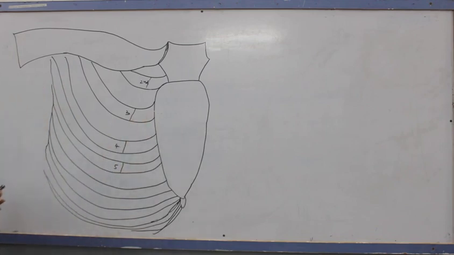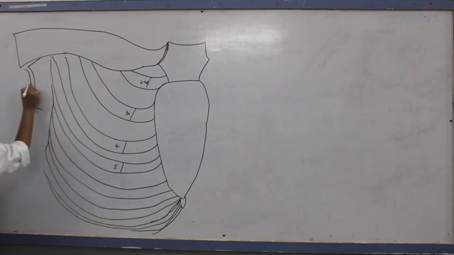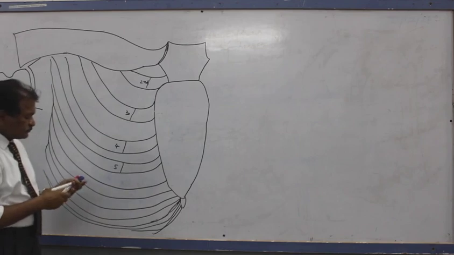The other portion is here, and at this region there is the glenoid cavity of the scapula, and here there is the articulation of the head of the humerus. This one is the head of the humerus.